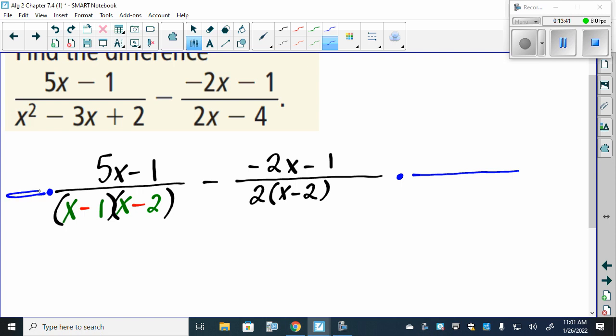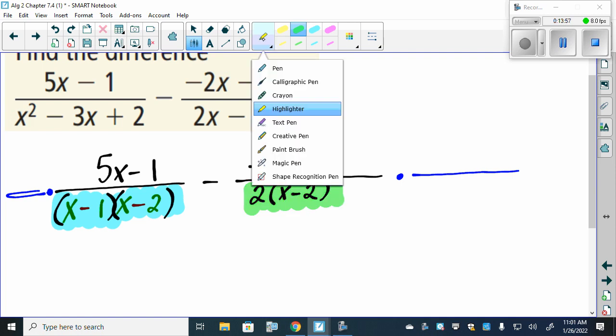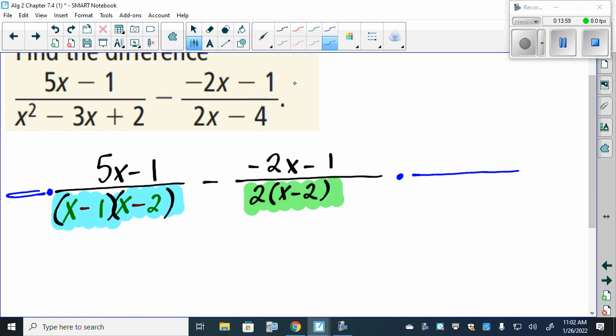All right. So again, what does the x minus 1 times x minus 2 have that the 2 times x minus 2 does not? The x minus 1. So we can multiply top and bottom by x minus 1.